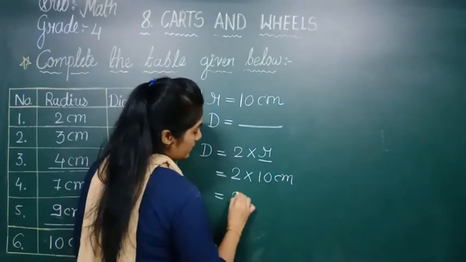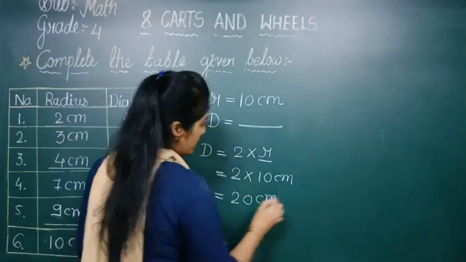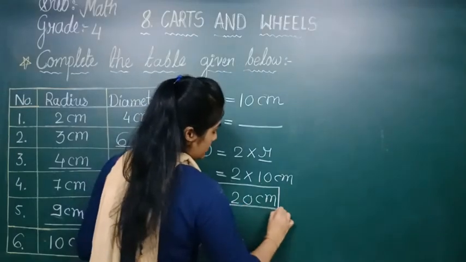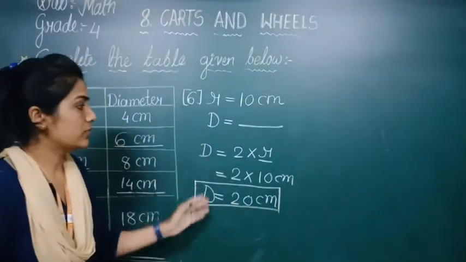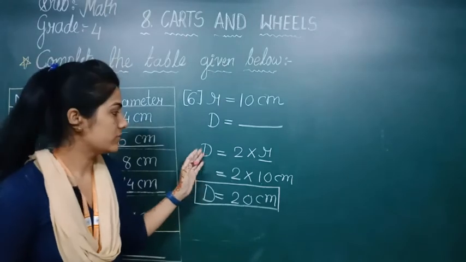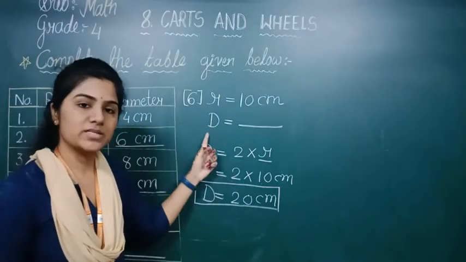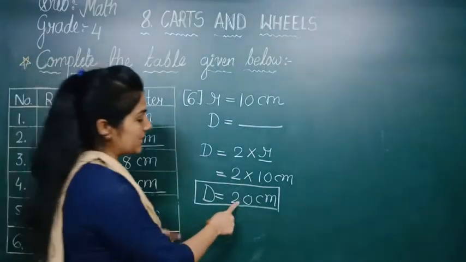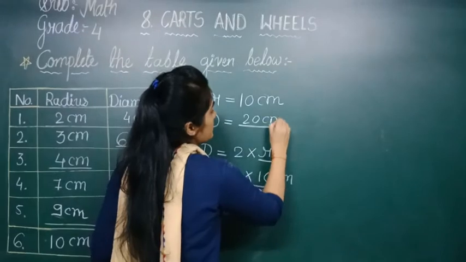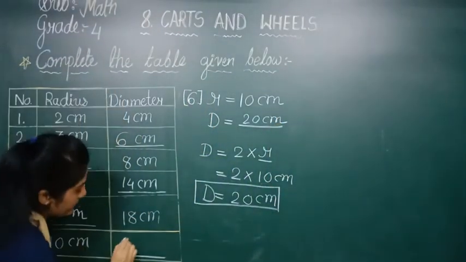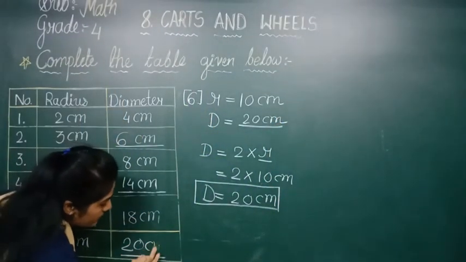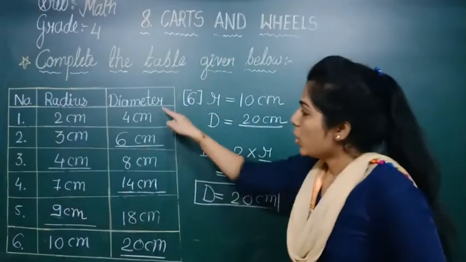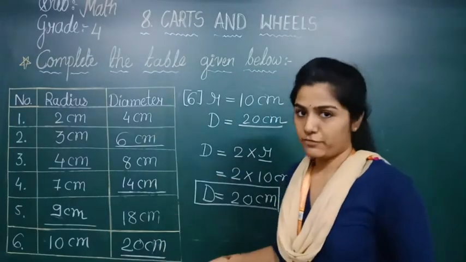So 2 tens are 20 centimeter. This is how to write the sum with perfection, with this formula and with these details, whenever you are finding this kind of table. So 20 centimeter we are writing here as an answer.